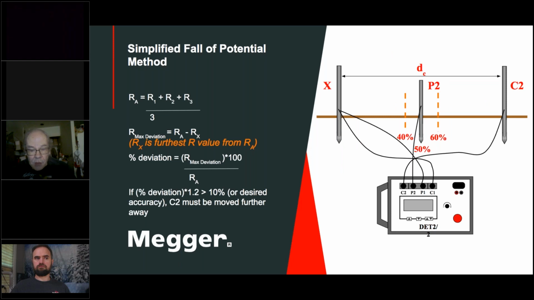So here is simplified fall of potential. Kind of in a nutshell, you're going to do a little arithmetic, and you see that off to the side of the slide there. Instead of graphing all the way from your test ground out to your current probe, you're going to just take 3 measurements. So it's a lot less walking back and forth and a lot less work and time.